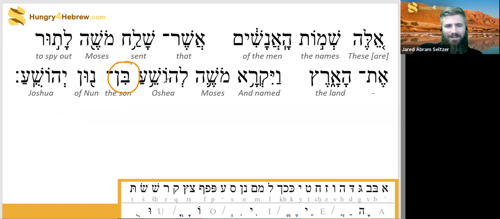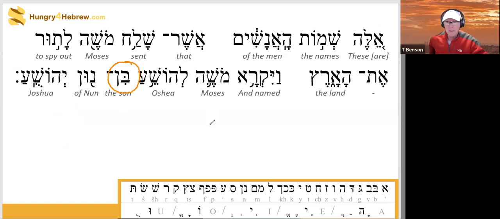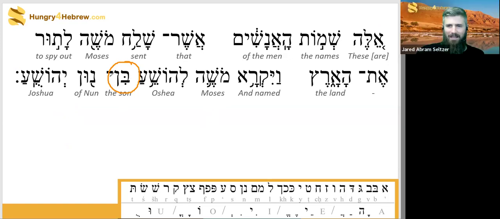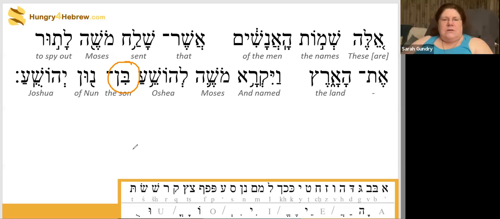What's the word bin? Ben, son. It's strange that it shows up here as bin instead of only ben. It's got a hirik rather than the two dots, the tzere.